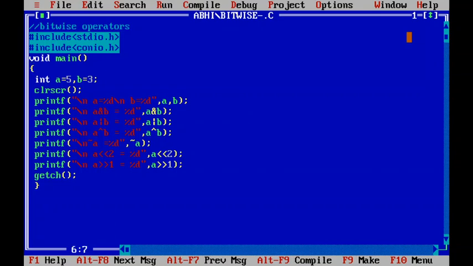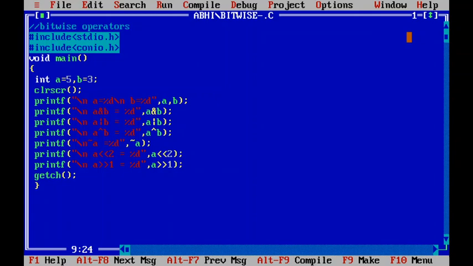I initialized A with 5 and B with 3. 5 means the equivalent binary value is 101, and 3 means 11. clrscr is to clear the screen. I print A equal to %d, B equal to %d, just to remember the values. Then bitwise AND operator: A and B equals %d.